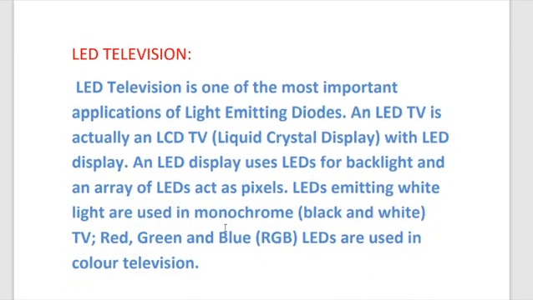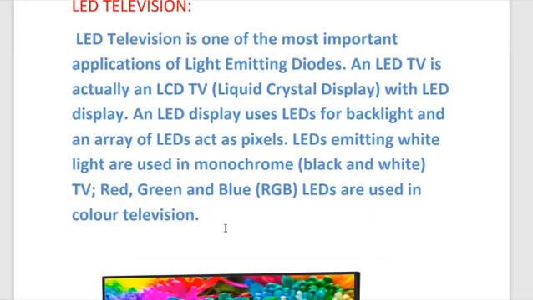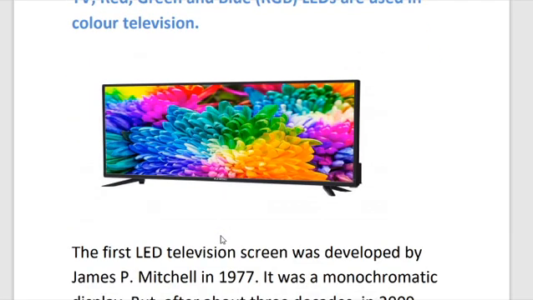Then we move to the LED television. LED television is one of the most important applications of light emitting diodes, LEDs. An LED TV is actually an LCD TV. What is LCD? Liquid crystal display with LED display.